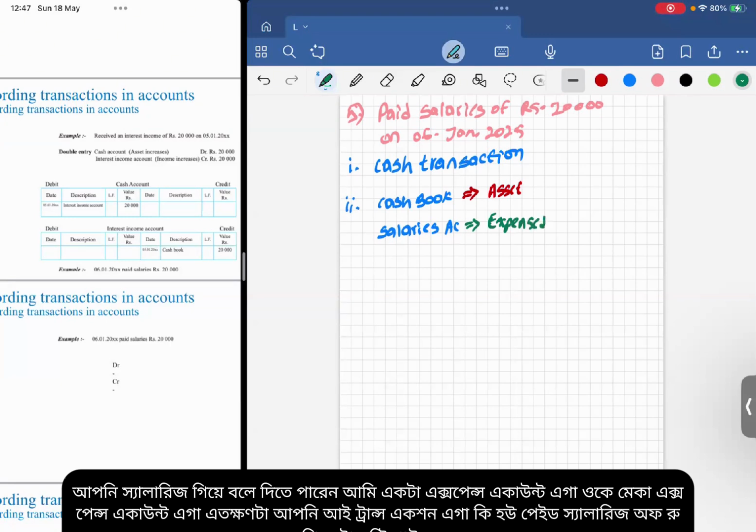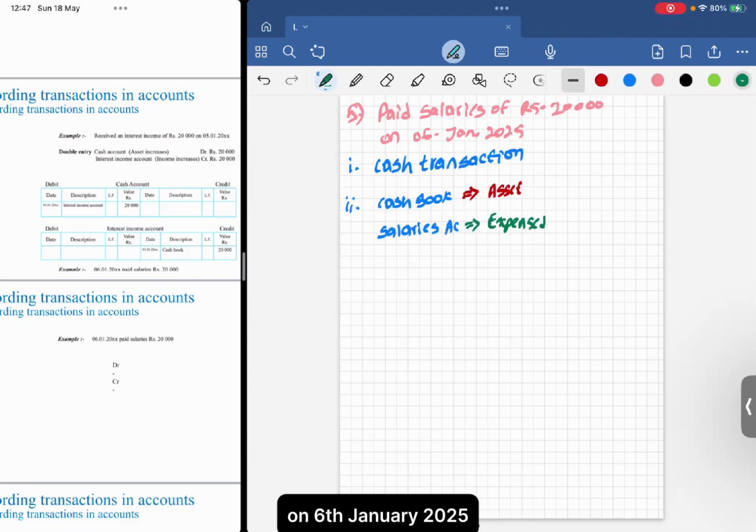Let's look at the transaction again: paid salaries of rupees 20,000 on 6 January 2025. As soon as we pay the salaries, the salary expense account increases. The expenses account increases. Right? And as soon as the salary is paid, it is paid from the cash available in the business.